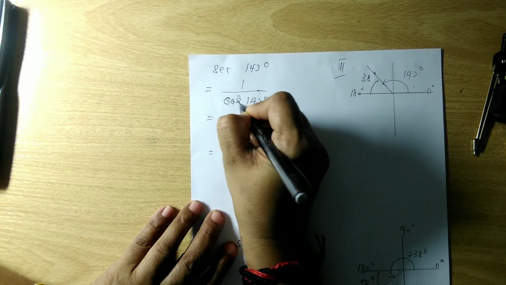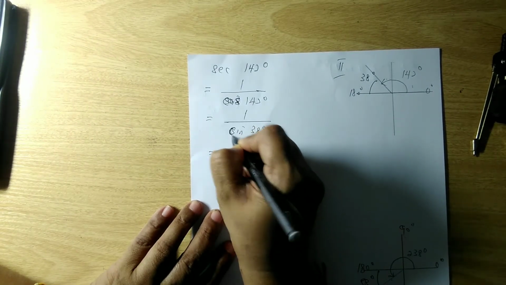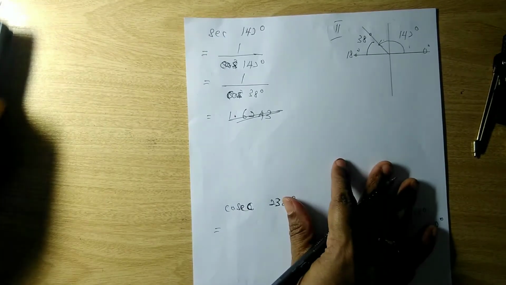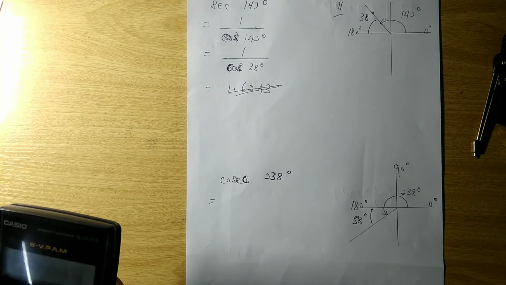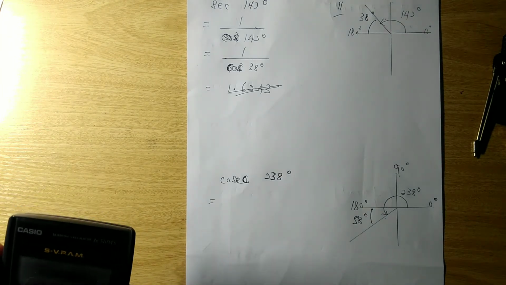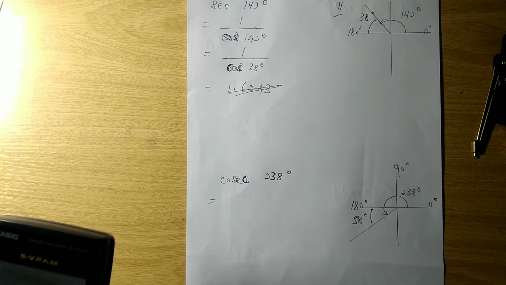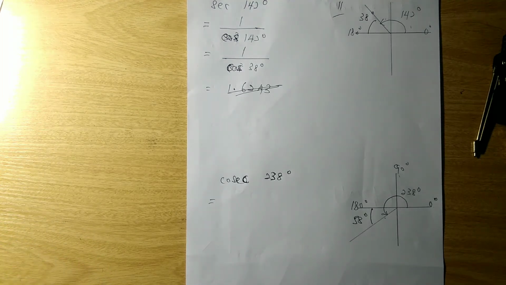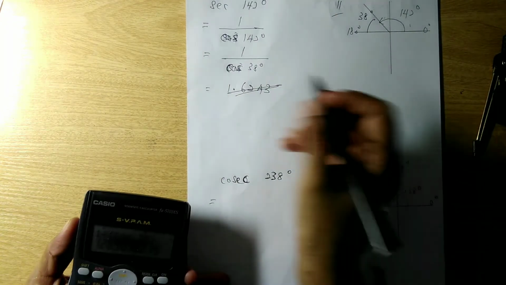So the angle here is wrong. So cos of 38 degrees. So you get about, and cos in your second quadrant is negative.